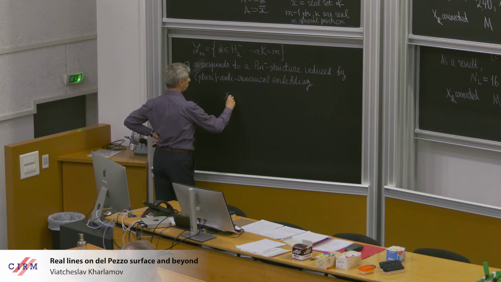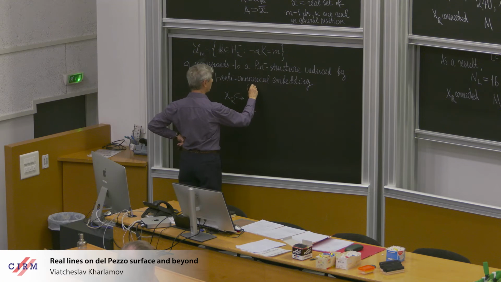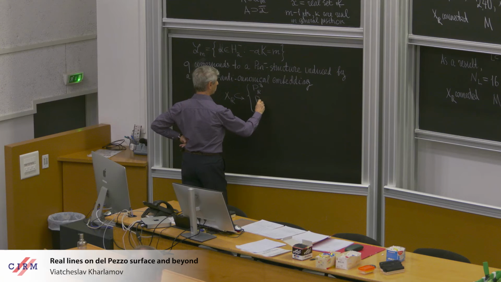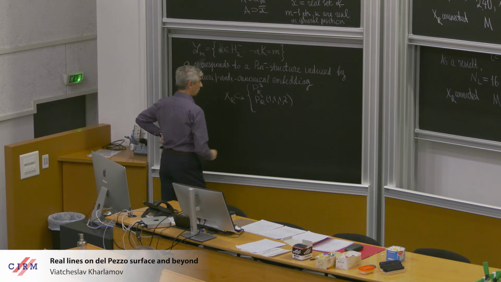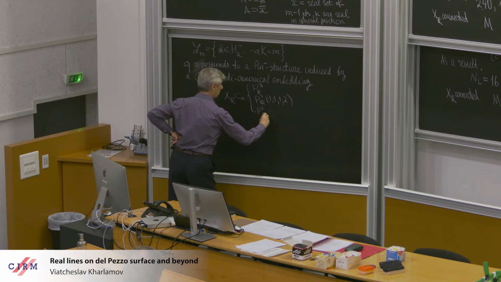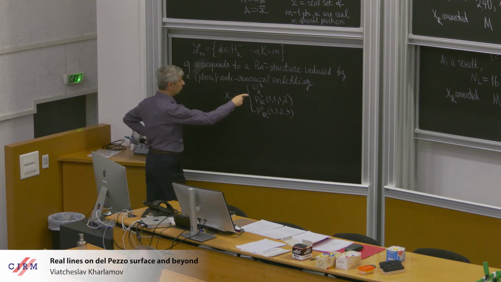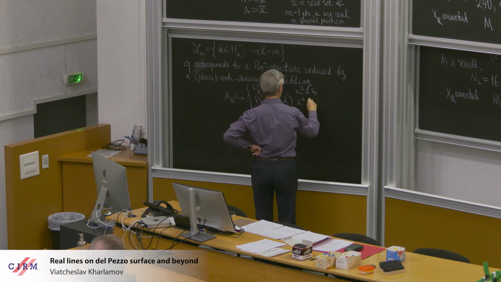So we have the case of projective space, the case of the weighted projective space, and the case of another weighted projective space, corresponding to the cases K square equals 3, K square equals 2, K square equals 1.